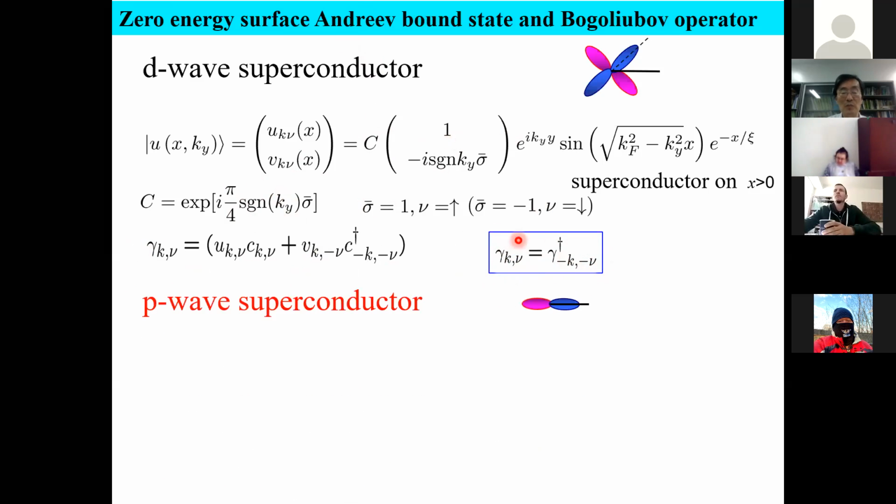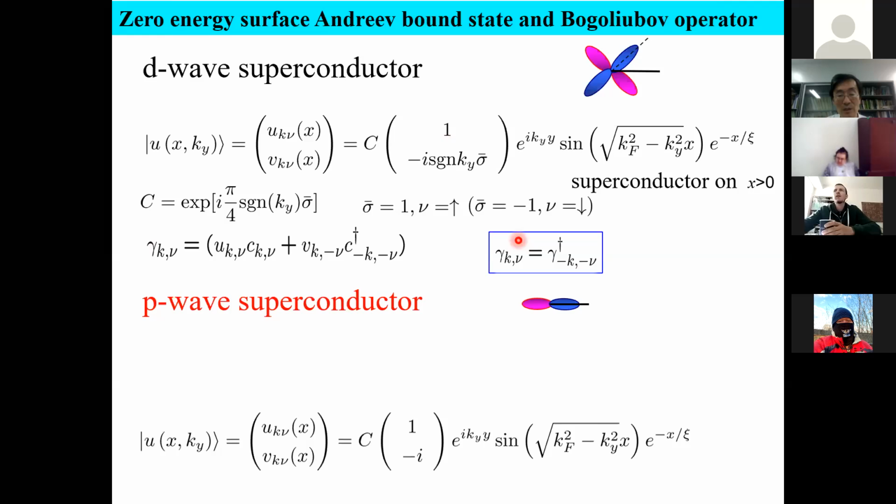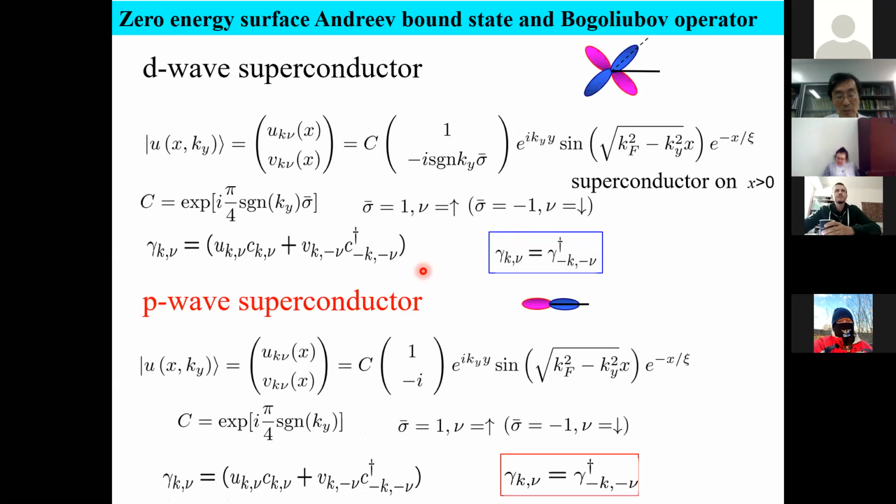On the other hand, in the P-wave superconductor case, as far as we are considering opposite spin pairing, so a Cooper pair with Sz equals 0, or D vector along the Z direction, then this Bogoliubov relation is similar to the D-wave one. On the other hand, if we consider a spin triplet P-wave superconductor with equal spin pairing, the situation becomes different.